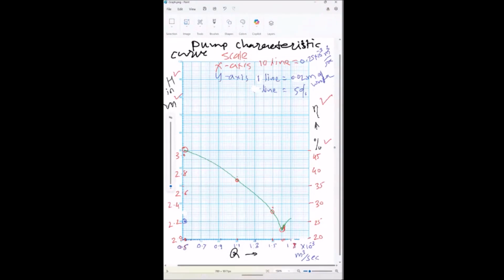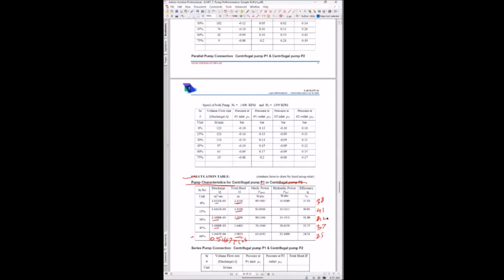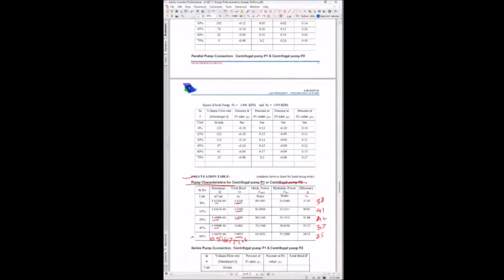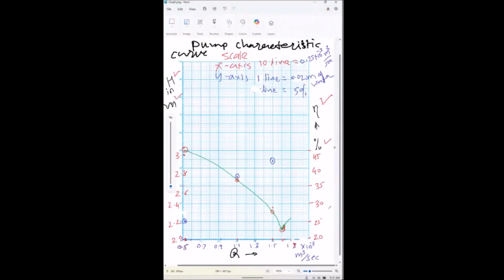Then second point 37, somewhere here. Then 42, on this third line. Then 41 and 38.